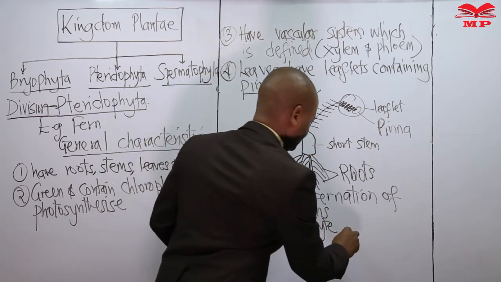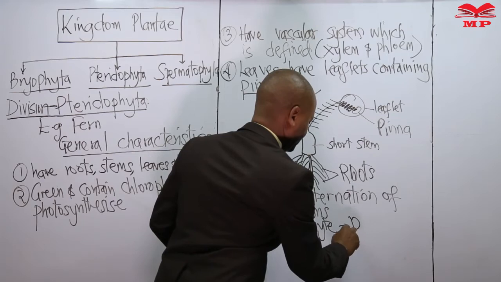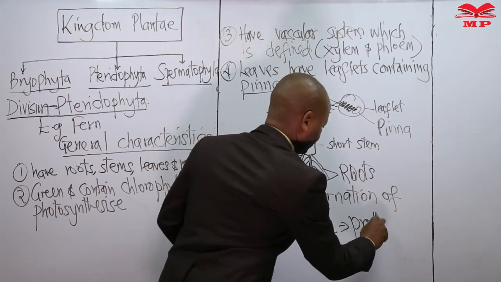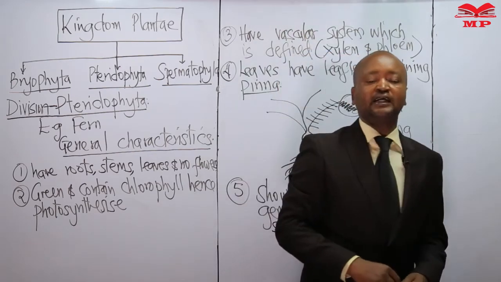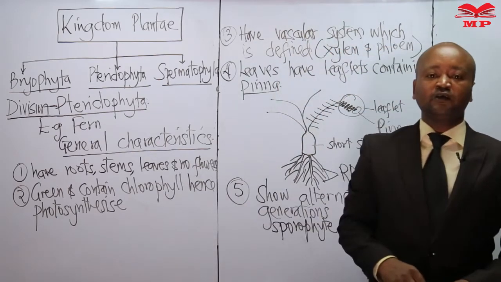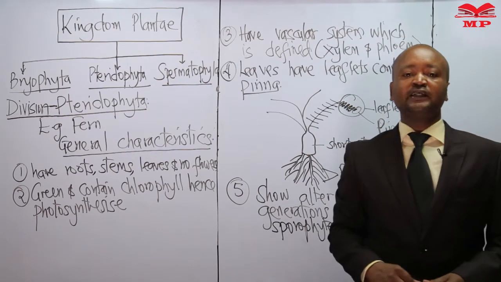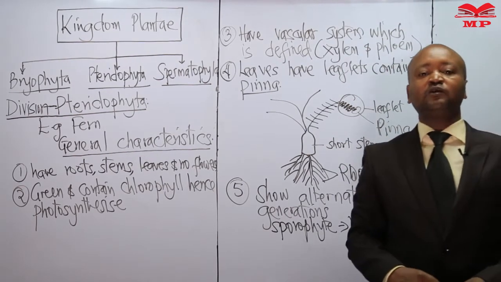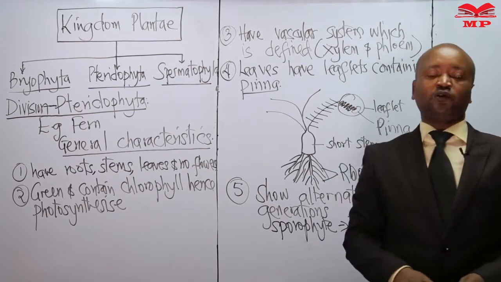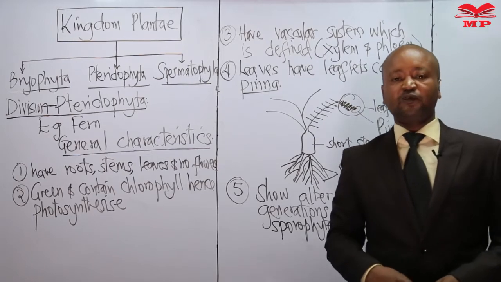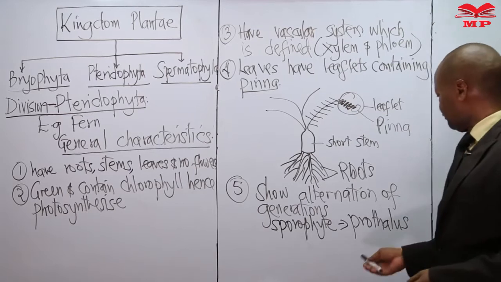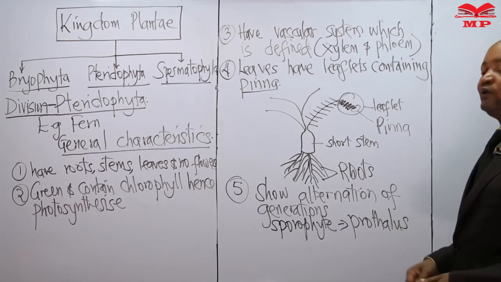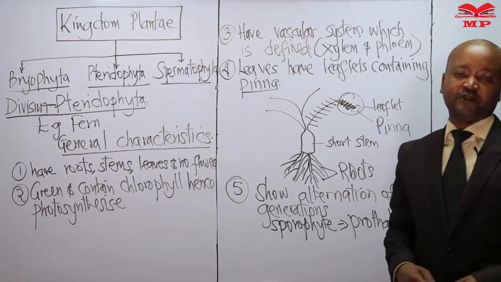So it shows the alternation of generations, where we have the sporophyte and the gametophyte, which is a prothallus. Remember last time we said a prothallus is a structure which is not organized into any specialized tissues or structures. We don't have the cell organelles. It is just a structure. So it has a prothallus which is heart-shaped.